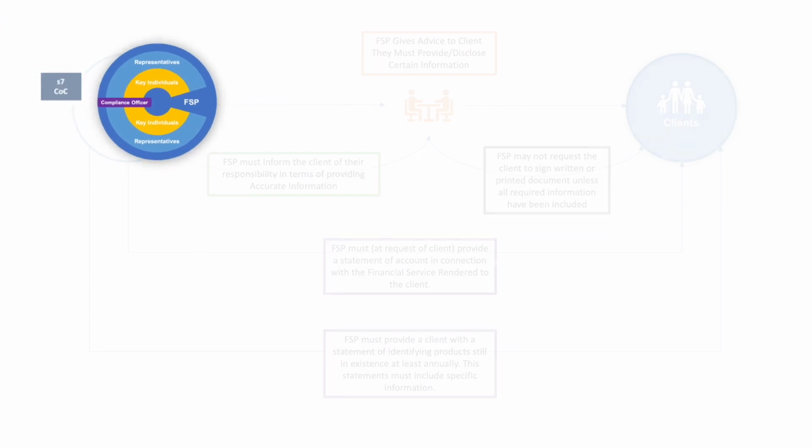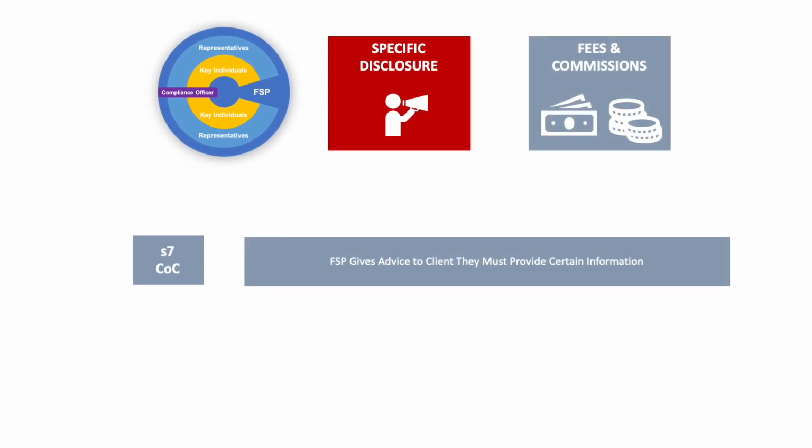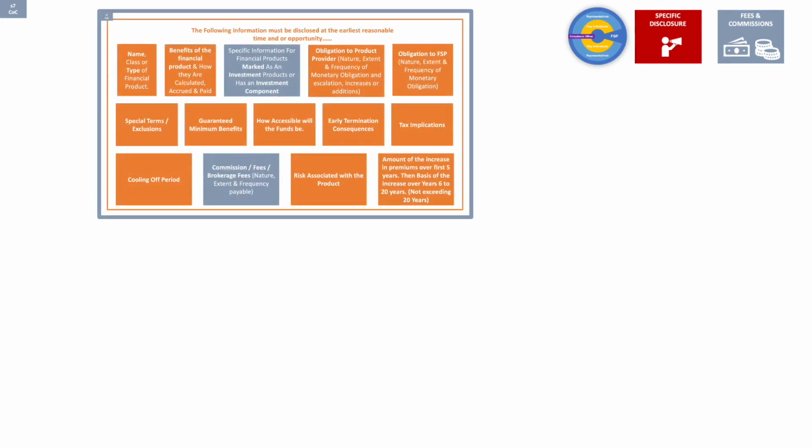We have thus gone through Section 7, making specific highlights relating to fees and commissions. Let's recap these to make sure we know what Section 7 includes. Here we can see that Section 7 requires disclosure at the earliest reasonable opportunity for the following. 1.